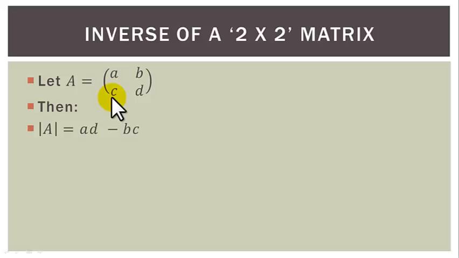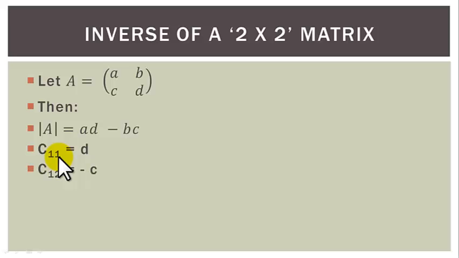Having done that, the next thing we have to do is to compute the cofactors of each element of A. First, C11, that's the cofactor associated with this element A, is obtained by deleting row 1, column 1, and that will give us the minor D. Then C11 is equal to D, since 1 plus 1 is even.